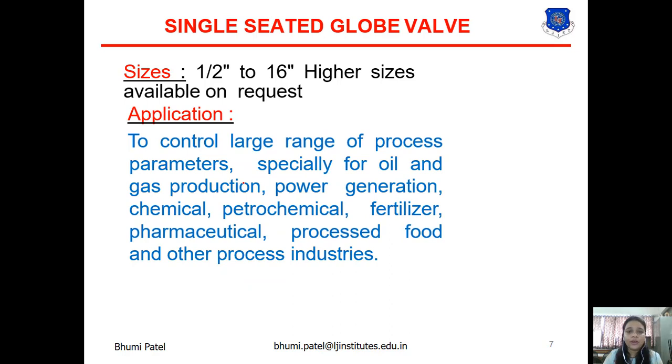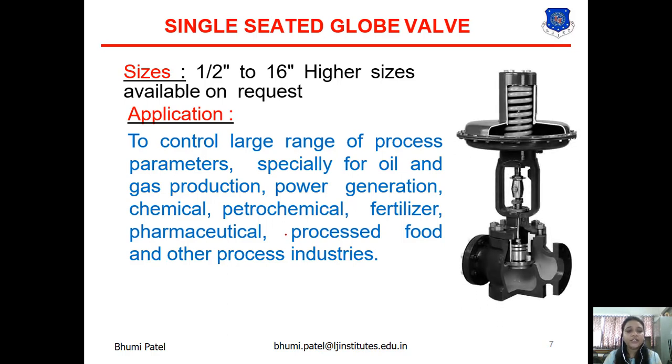To control a large range of process parameters, especially for oil and gas production, power generation, chemical, petrochemical, fertilizer, pharmaceuticals, processed food and other process industries. So it is specially used for oil and gas production.